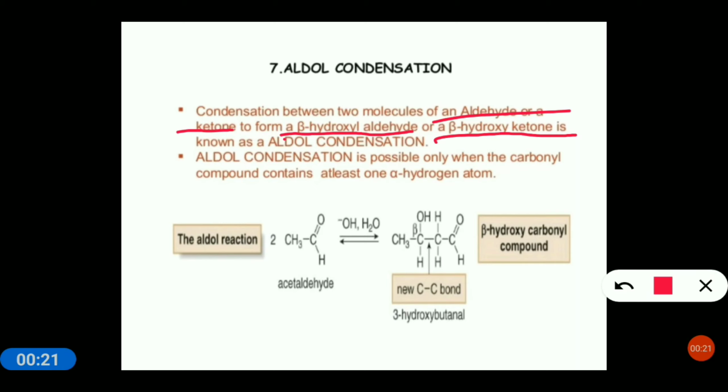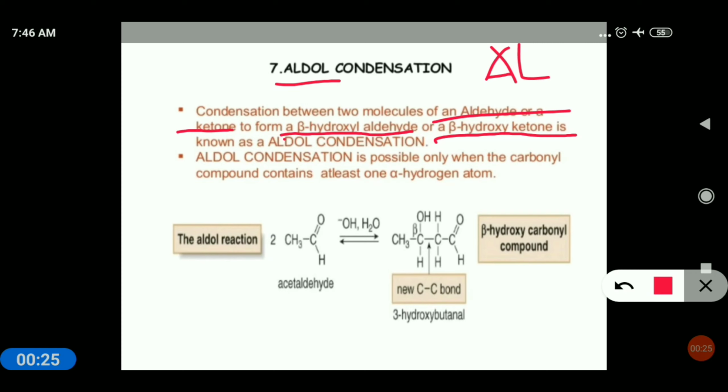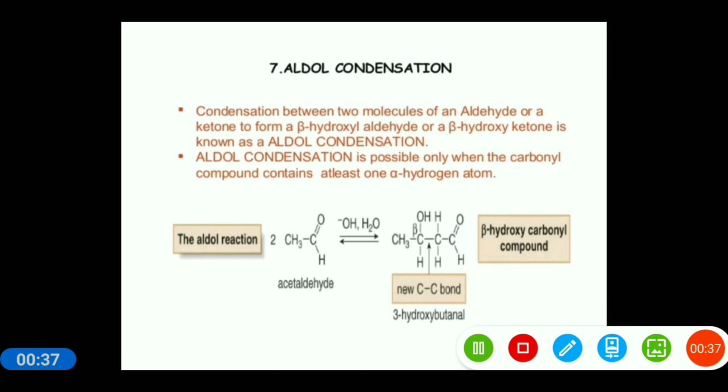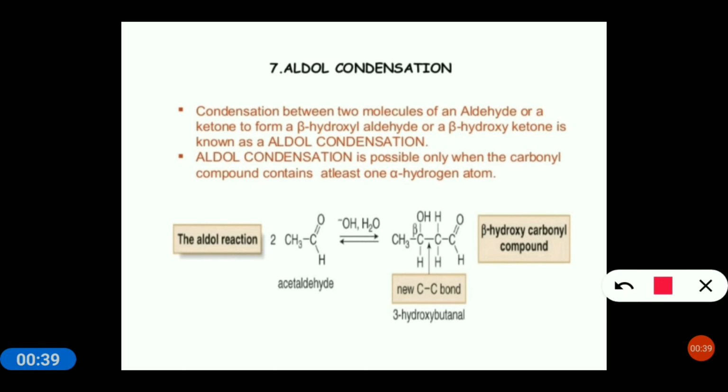This is known as aldol. Ald is for the aldehyde and ol is for the alcohol. So in this you will see an aldehydic group as well as an alcoholic group in the product. That's why it is known as aldol condensation.